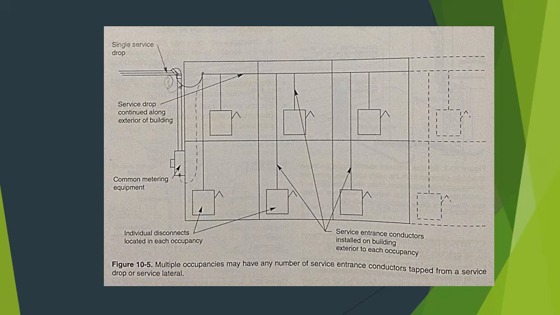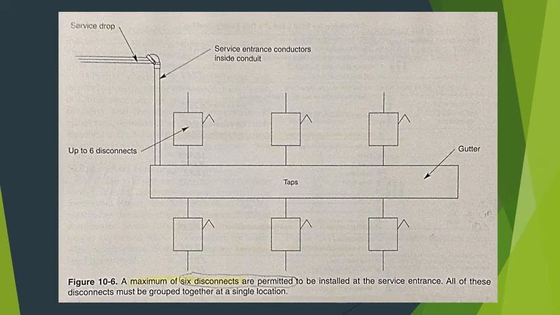See figure 10-5. The NEC permits a maximum of 6 disconnects from any single service drop or service lateral. See figure 10-6, which illustrates a possible installation of this nature.